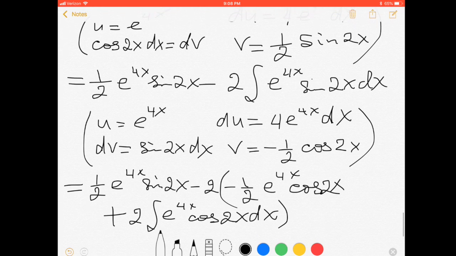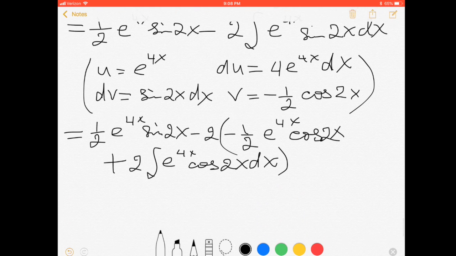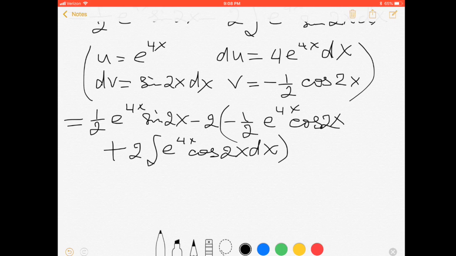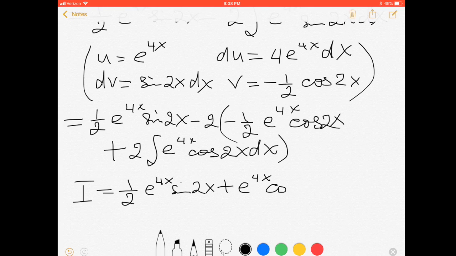This means now I have exactly the integral I had before. So my integral I equals 1/2 e to the 4x sine 2x plus e to the 4x cosine 2x minus 4 times the integral I, plus c.